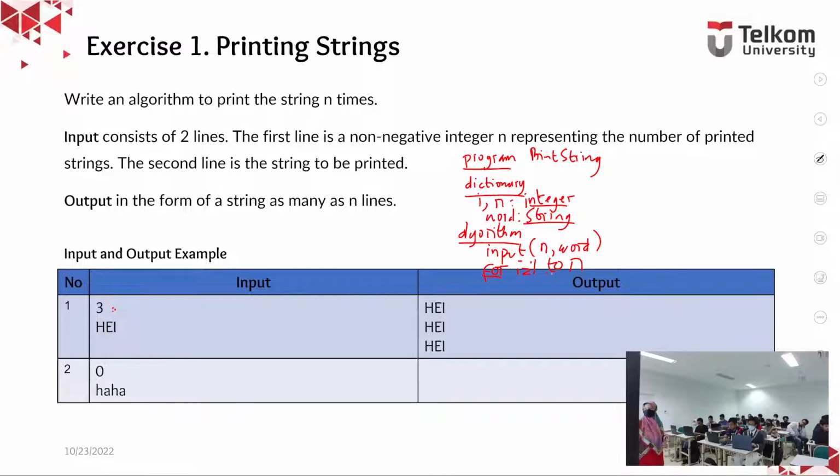Okay, and go to the action. Here is a block for the action. What action should be done in each iteration? Aksi apa sih harus dilakukan untuk tiap iterasi? Print, right? So we will write output word.